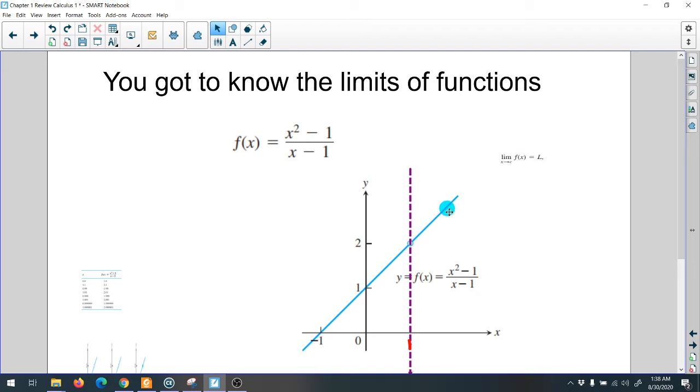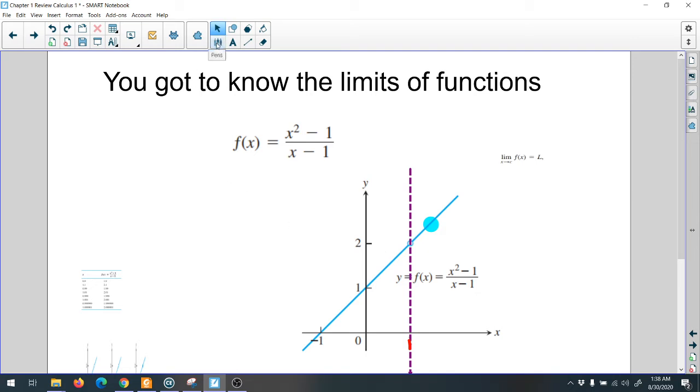So when x comes closer to the value 1, the value of the function will come closer to 2. Come closer to 1, the value will be almost 2. So the limit from the right side is 2.